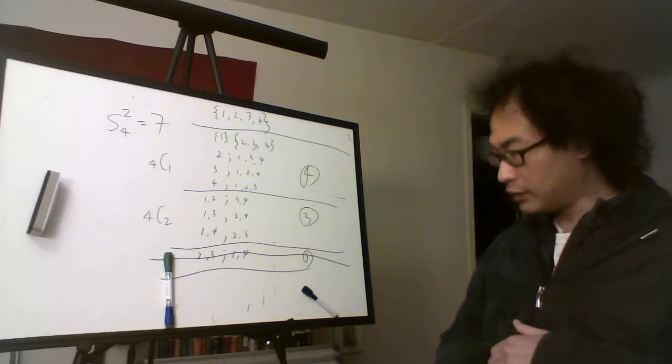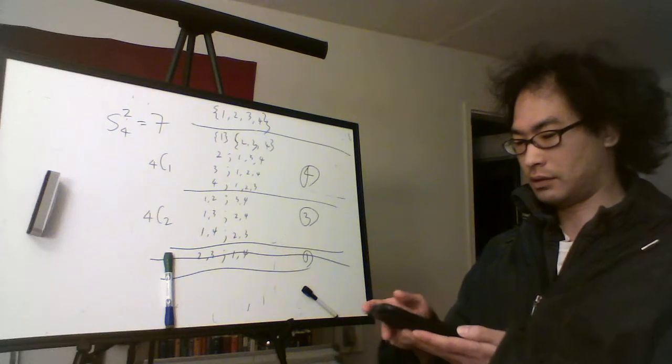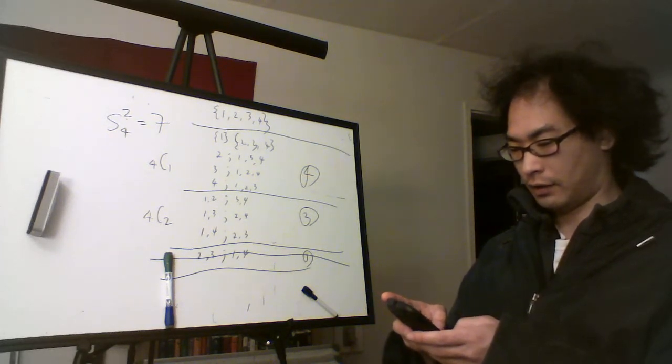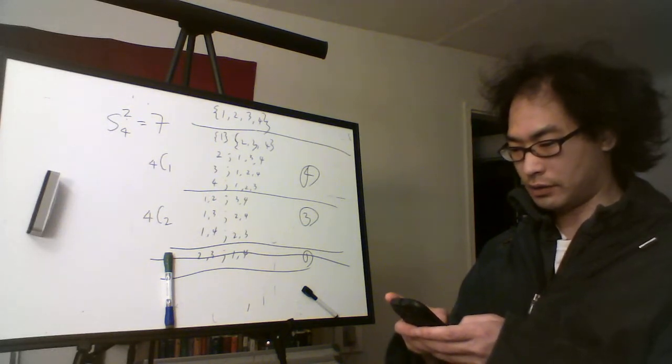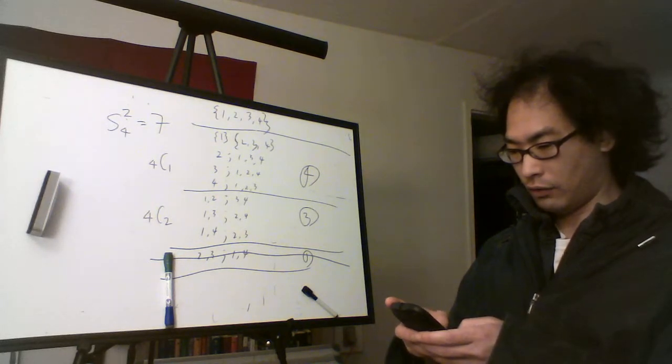It's better if we take a peek at the original formula. What's that? Stirling's number. Because we don't want to waste too much time. We'll go back and forth.